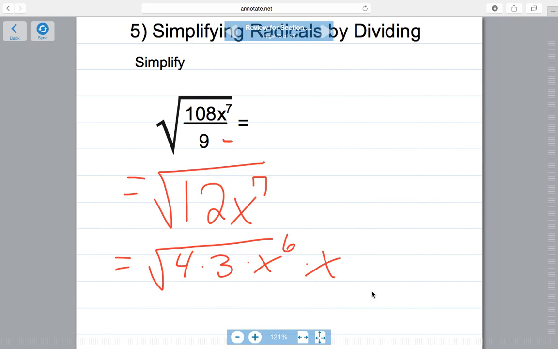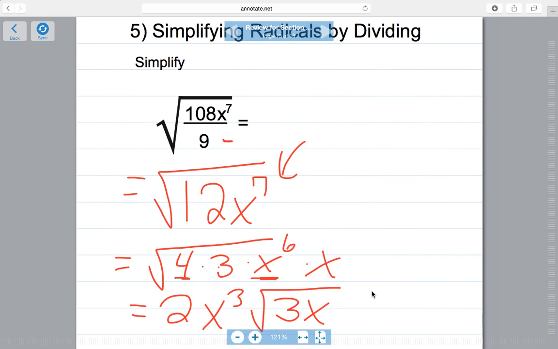Break down 12 so that the perfect square is there, which is 4. X to the 7th is odd, so you go 1 less. So 1 less from 7 is 6, times just the variable, so just x. Square root of 4 would be 2. Square root of x to the 6 would be x cubed. And then you're left with 3x inside. That would be your answer.